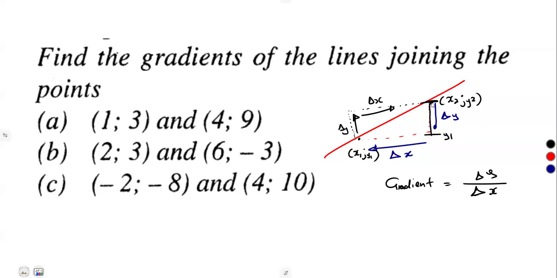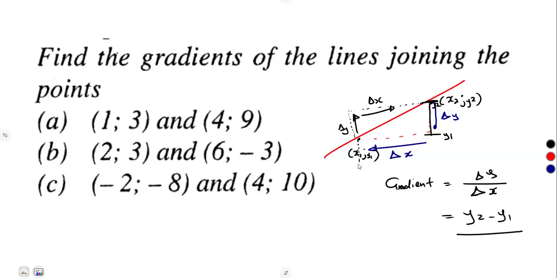This is y1 and this is y2, corresponding to the points. So the change is y2 minus y1, which some people write as y1 minus y2, which is not a problem, over the change in x.